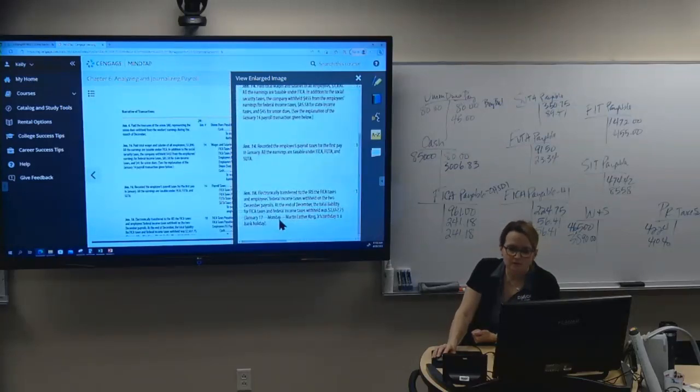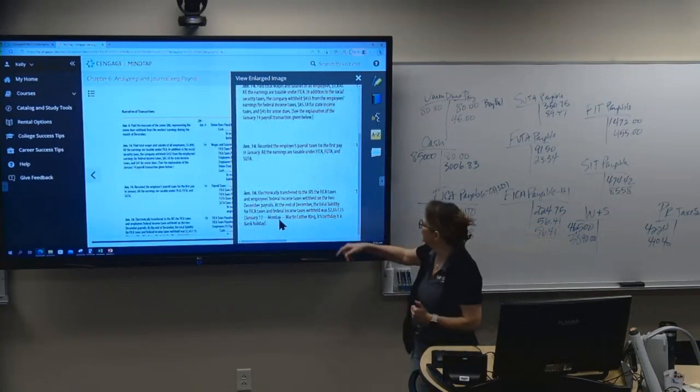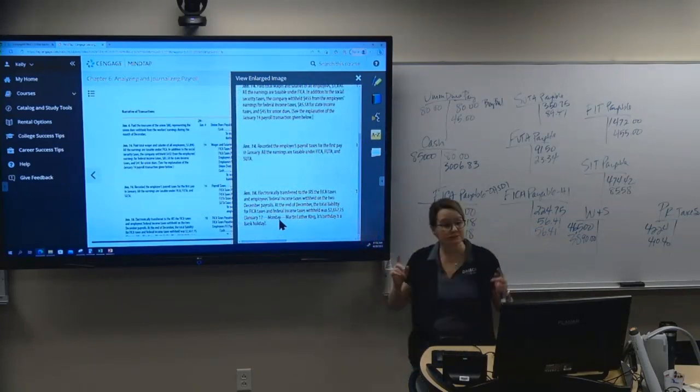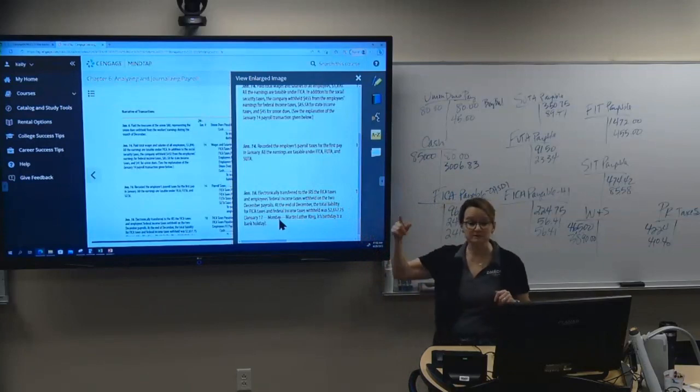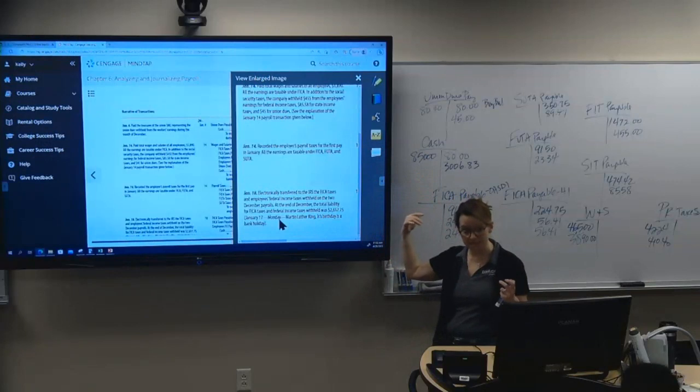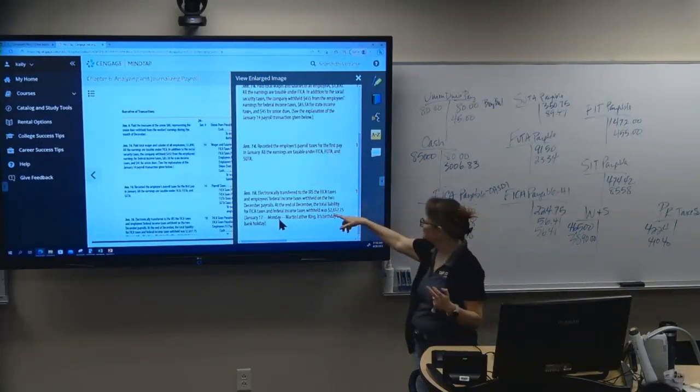Okay, so the entry, they electronically transferred to the IRS FICA taxes and employees' federal income taxes withheld on the 2 December payrolls. So the amounts that were recorded already as our beginning balances in those liability accounts.